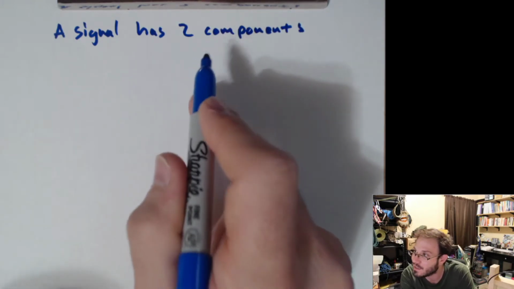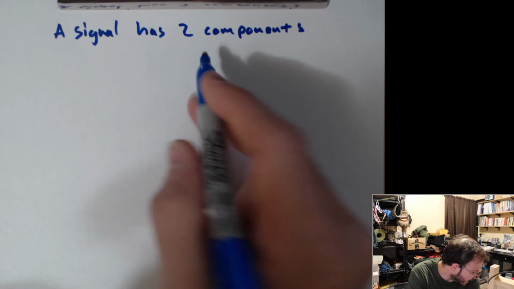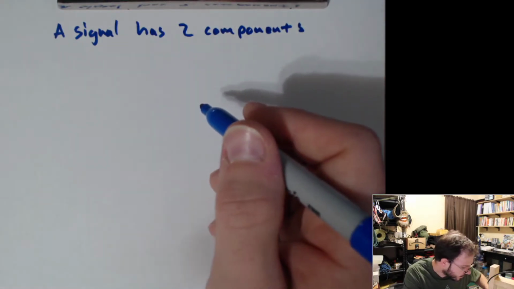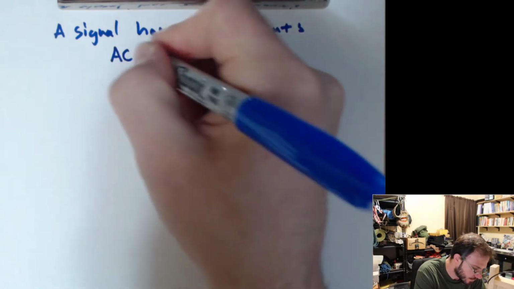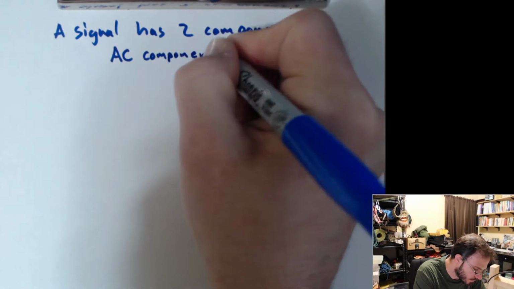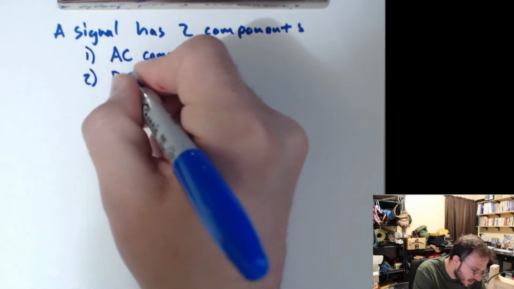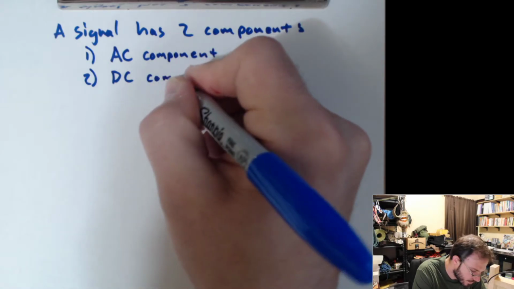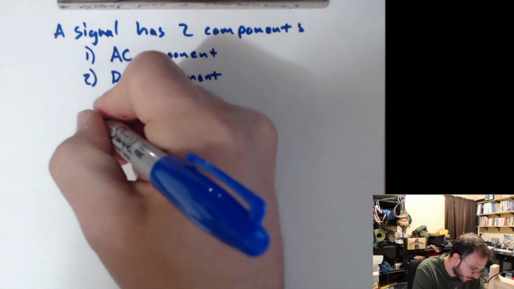Any signal has these two components. The first one is going to be the AC component, and the second one is this DC component. I think this will make sense once I go ahead and draw it.